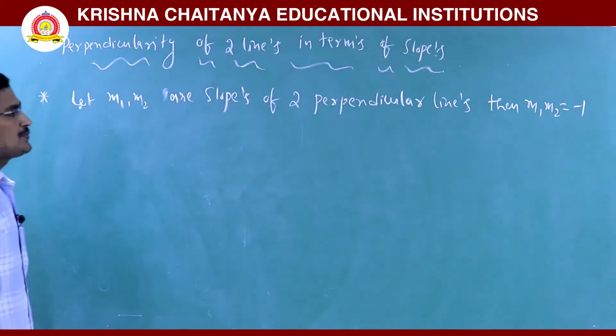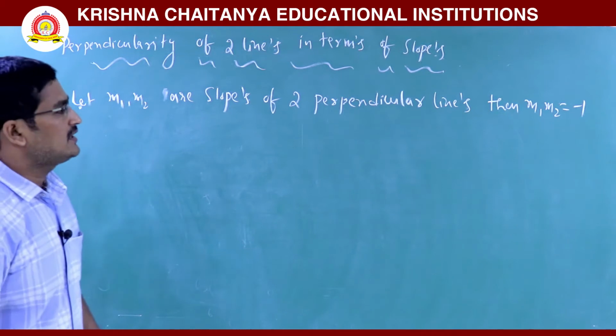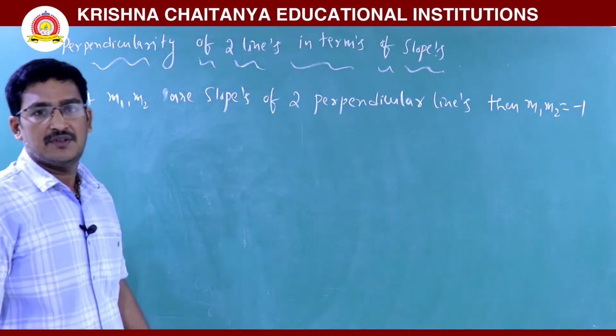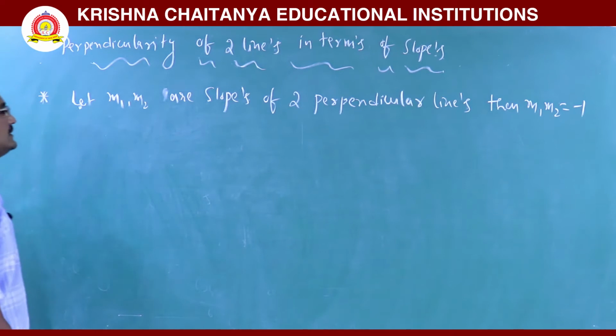That is, the product of the slopes, m1 into m2, is equal to minus 1.